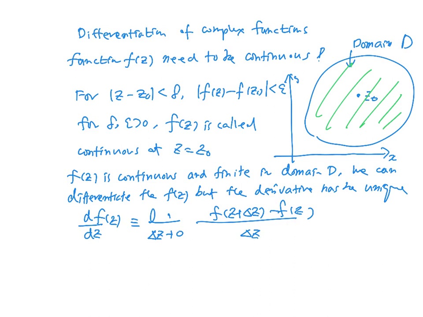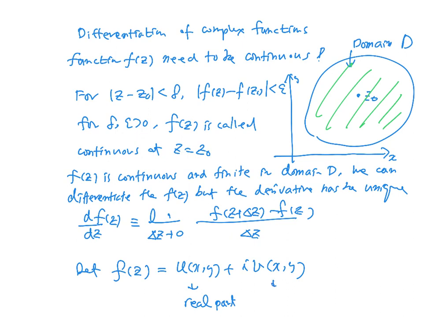But you have to be really careful. Say we set f(z) equals u(x,y) plus i v(x,y), so we can always represent the function with a real part and an imaginary part, and delta z is delta x plus i delta y.